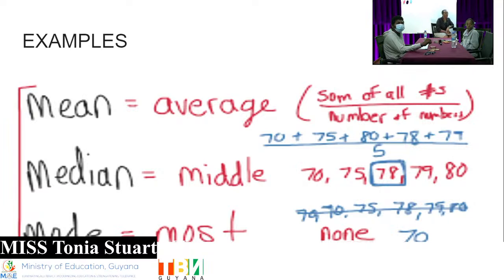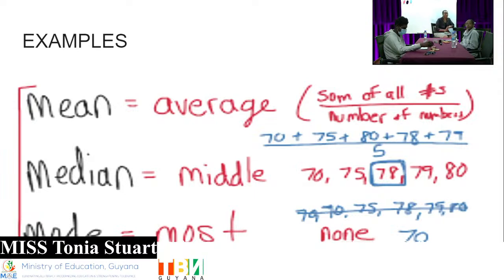If you count the numbers, 70, 75, 80, 78, and 79, we must divide by 5 and we will get the average of the set. So for the mean, we just add up what we get and divide by the total number of values to get our answer.